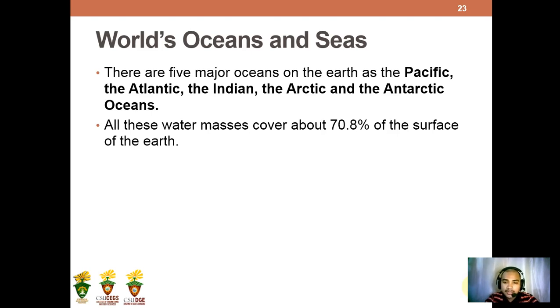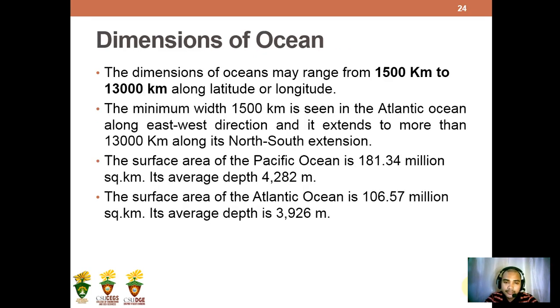So 70.8% covered by this water. So when talking about the dimension of the oceans, according to this source, it may range from 1,500 kilometers to 13,000 kilometers along latitude and longitude.